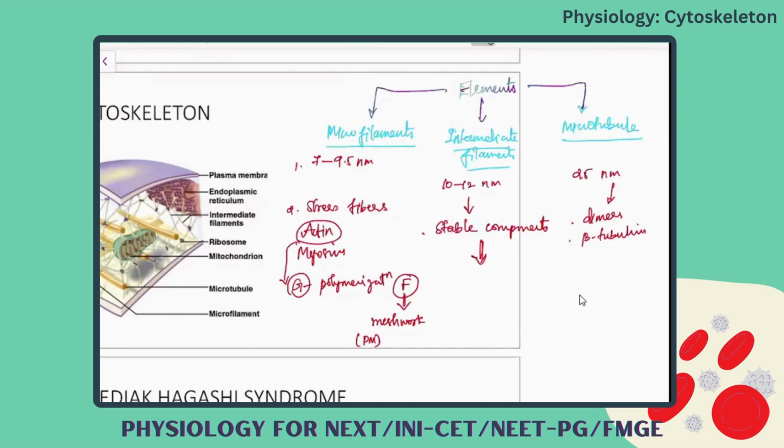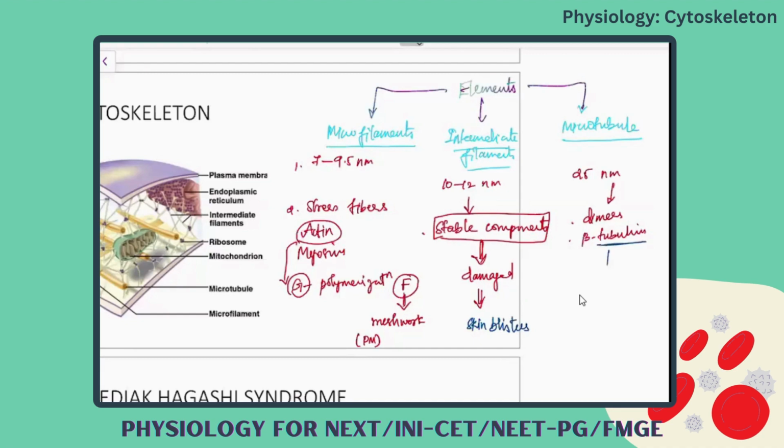The intermediate filaments are the stable components. If they get damaged, that mainly results in skin blisters. And the last one is microtubules.